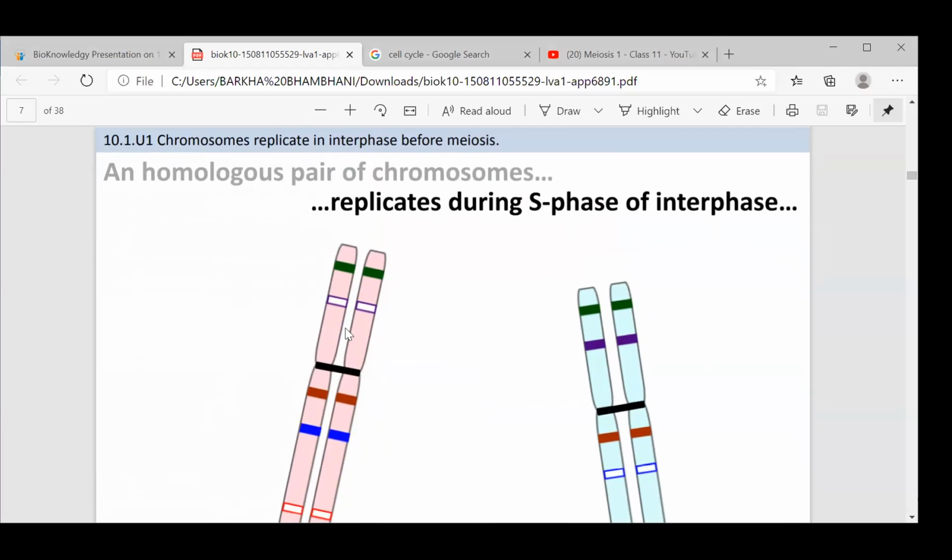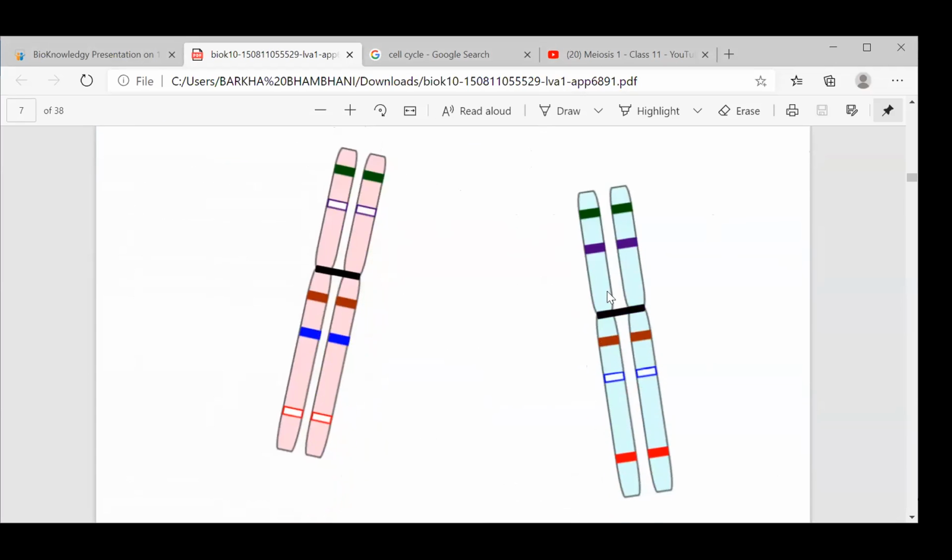Okay, so this homologous pair, this one and this one, these are one pair, they will replicate. Once they replicate, they form their sister chromatid, which is connected at the centromere.